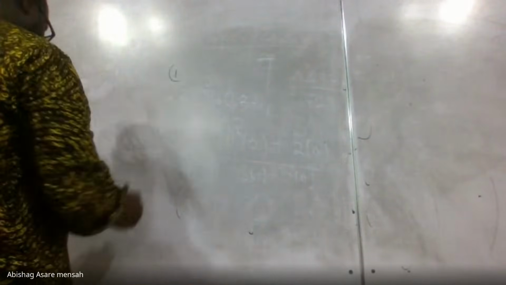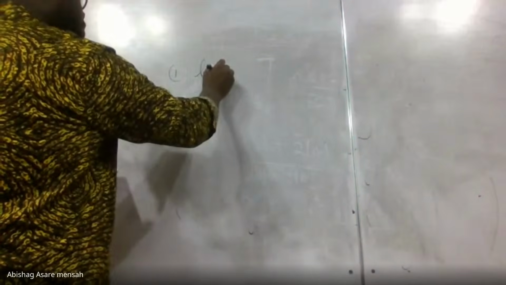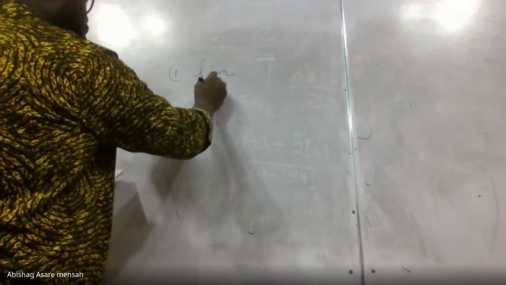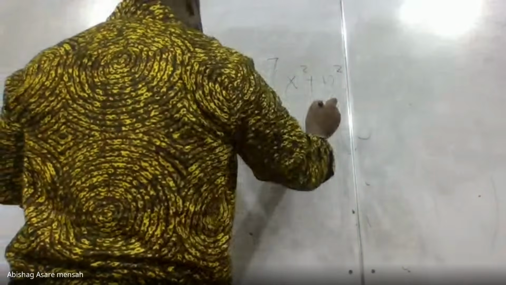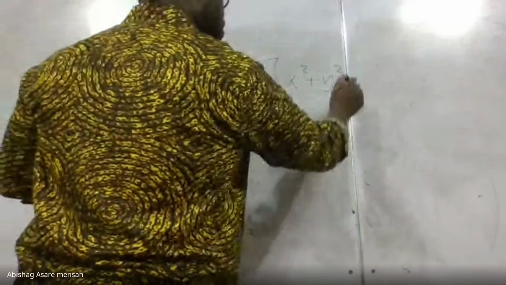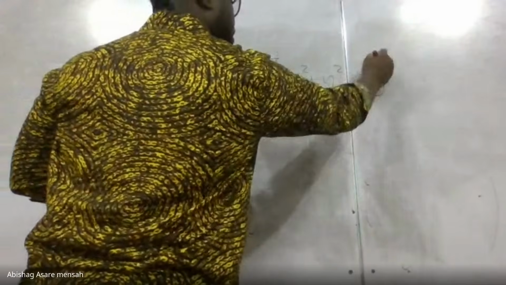Question 1, find the limits as x, y approaches -1 and 2 for 3. The function is x squared y squared minus xy.